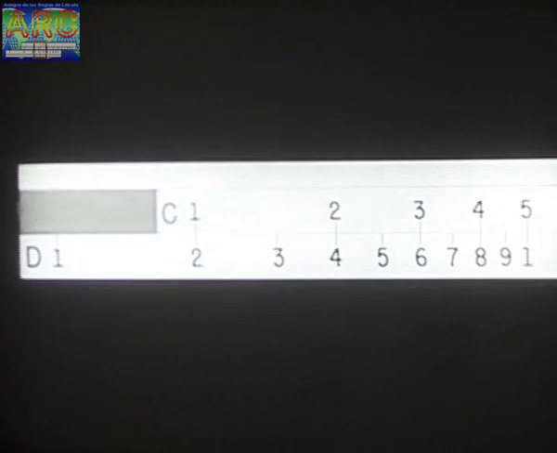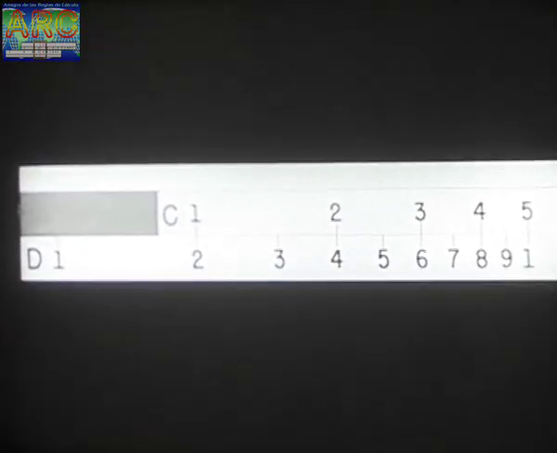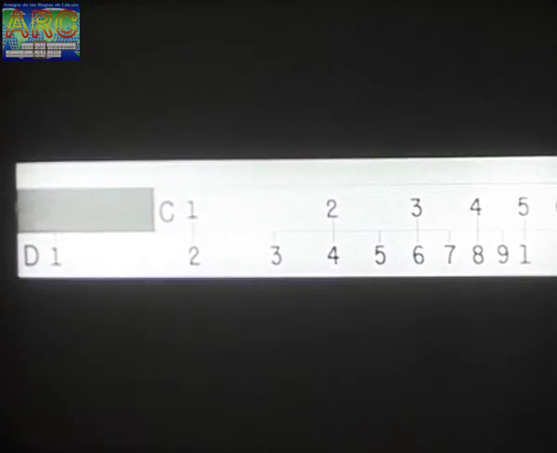With the index set opposite 2, we can multiply any number by 2. 2 times 3. 2 times 3 equals 6. 2 times 4. 2 times 4 equals 8.